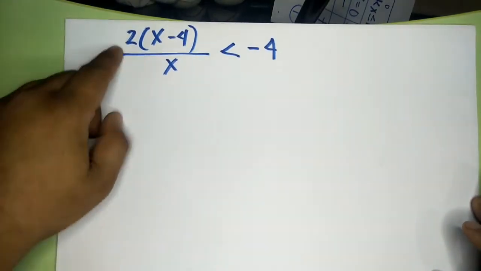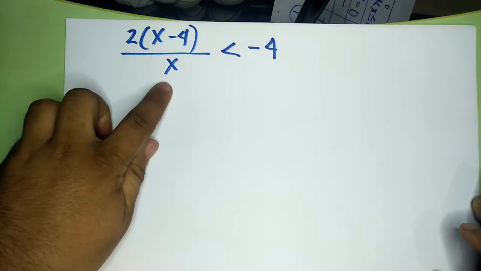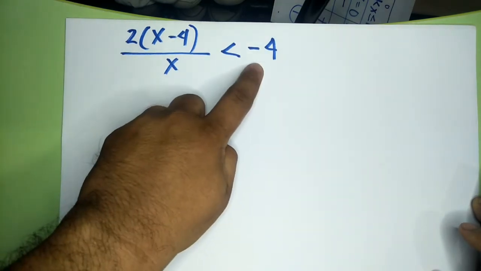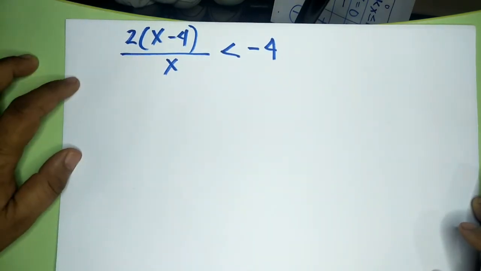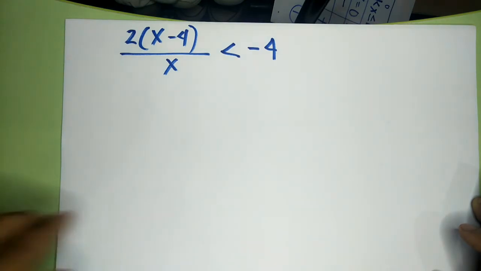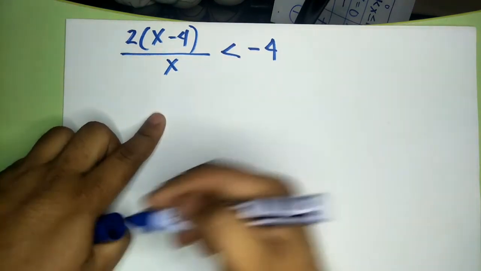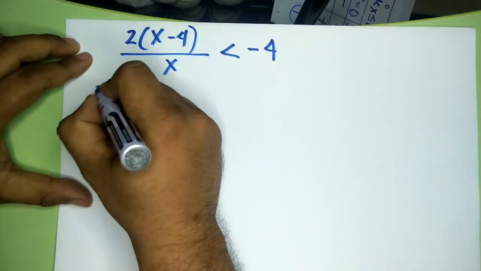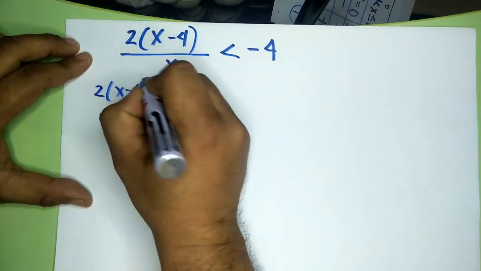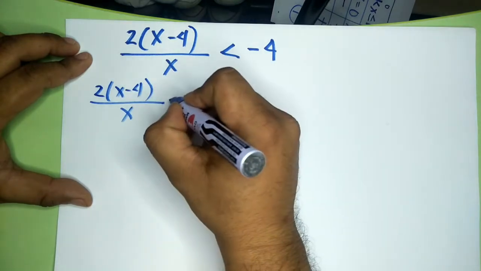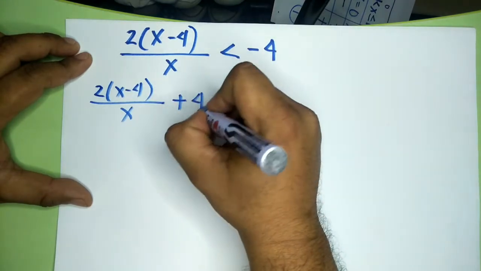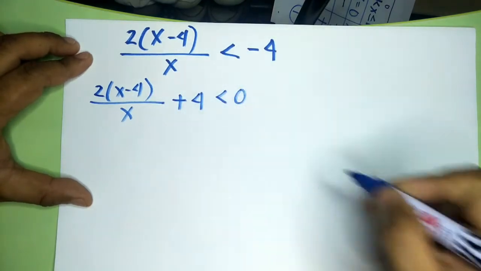Next natin ay 2 quantity x minus 4 over x is less than negative 4. So, ang una natin gagawin ay put the rational inequality in general form. So, magiging plus 4 less than 0.